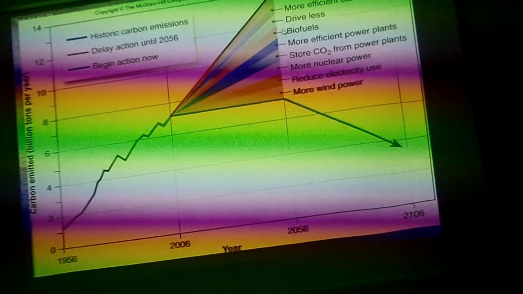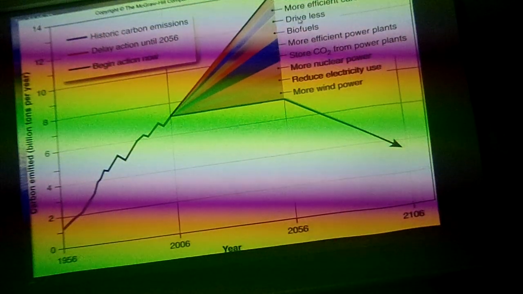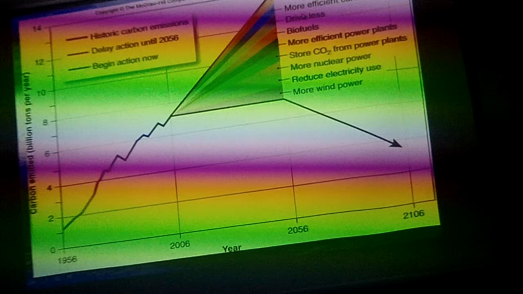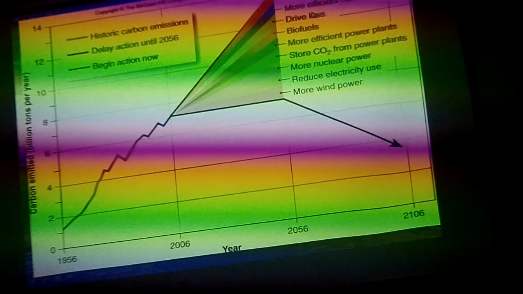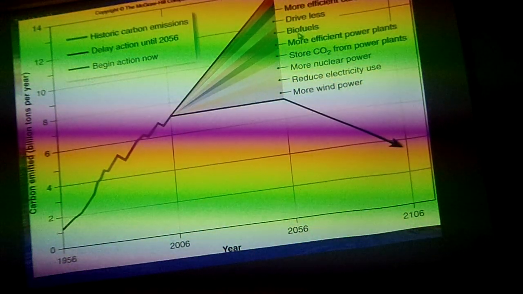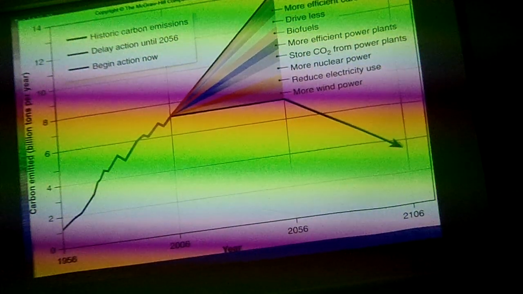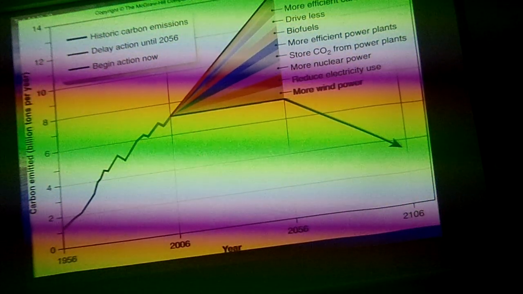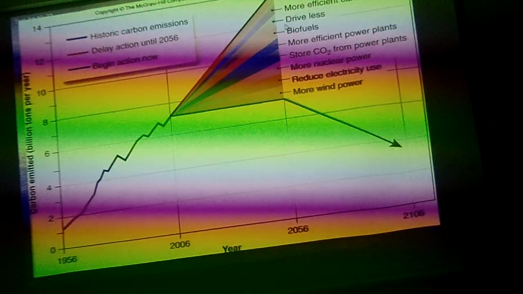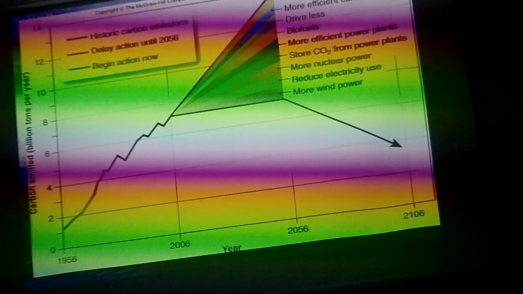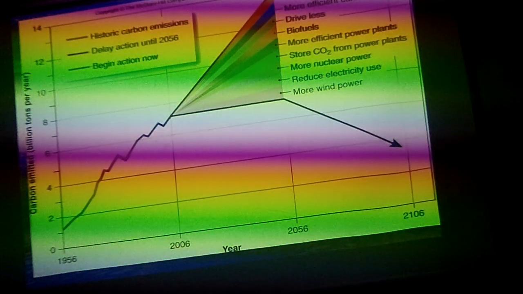Driving less, I don't know if that's ever going to happen. It could. Try to walk more. Carpool, that kind of thing. Biofuels are coming. This is making gas out of corn and things like that. That can be done. And we already use 10% ethanol. Have you ever seen the sticker on the gas pump that says 10% ethanol? That's from corn.